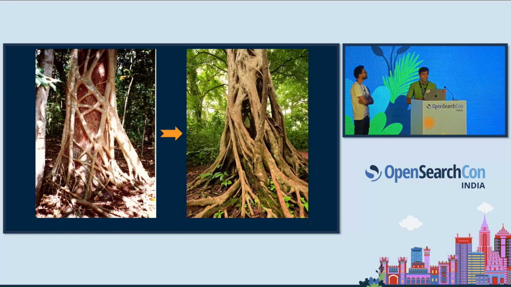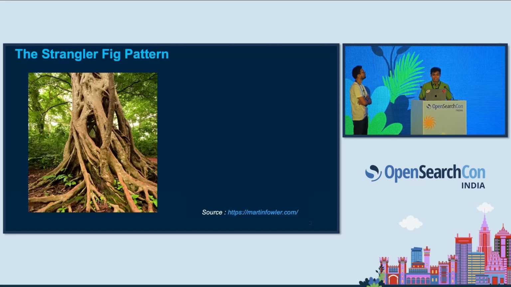So you can see that the original host tree has just gone. It has been strangled by the fig. This gradual process of replacing the host tree is a striking analogy by which we can think of modernizing our legacy software systems.